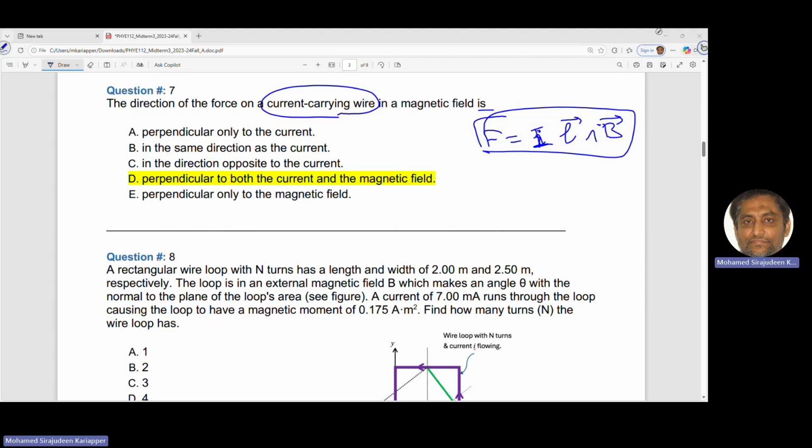So the force is perpendicular to both the current and the magnetic field. So the answer is D. All the other choices are wrong.